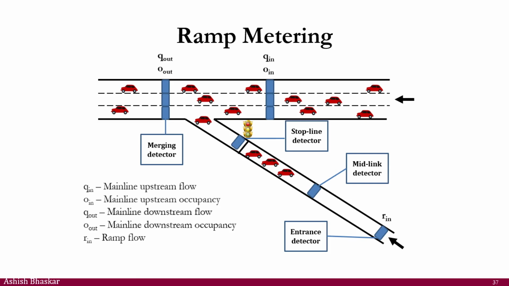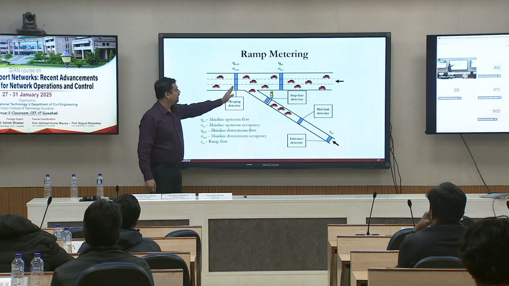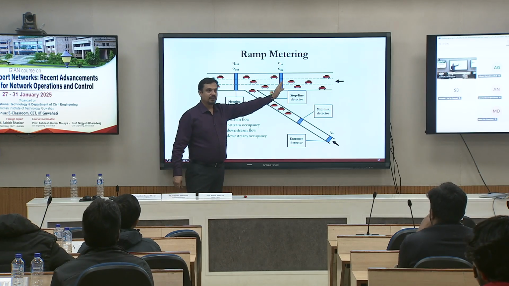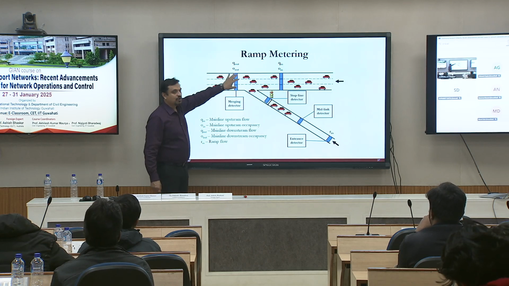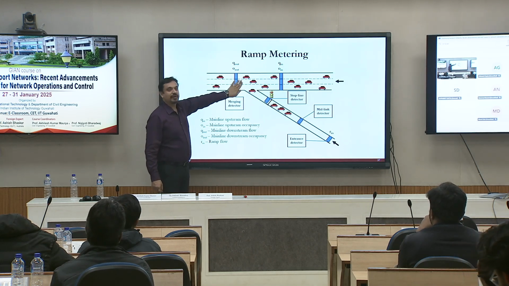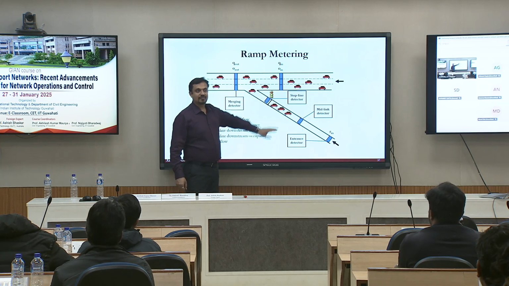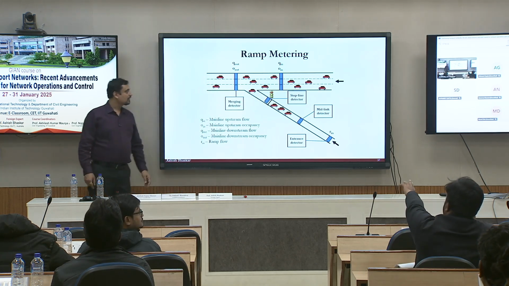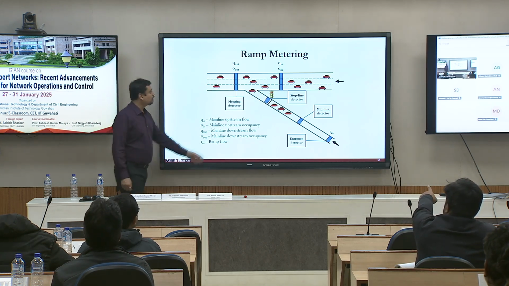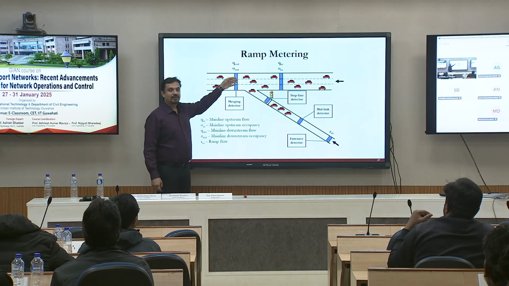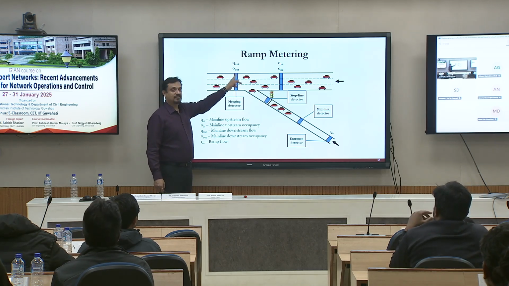So you have an on-ramp, you have a detector here, you have a detector there, right? So you try to use the occupancy here. If this thing fails, you can start using this as a proxy. From here, only this one.